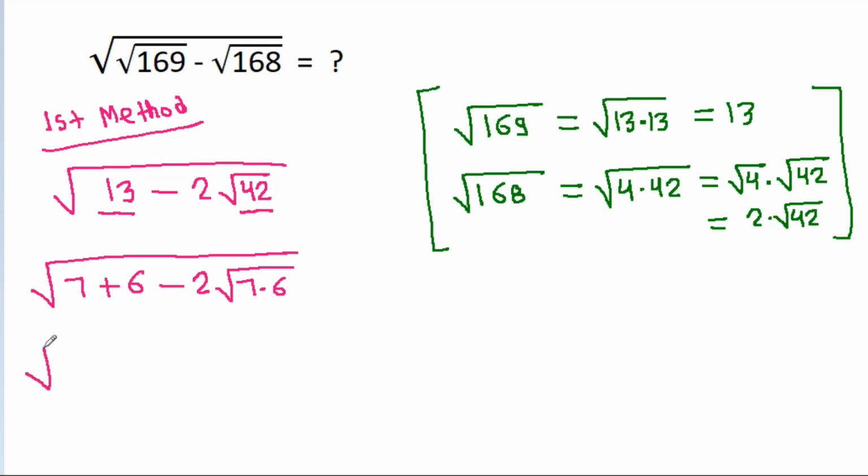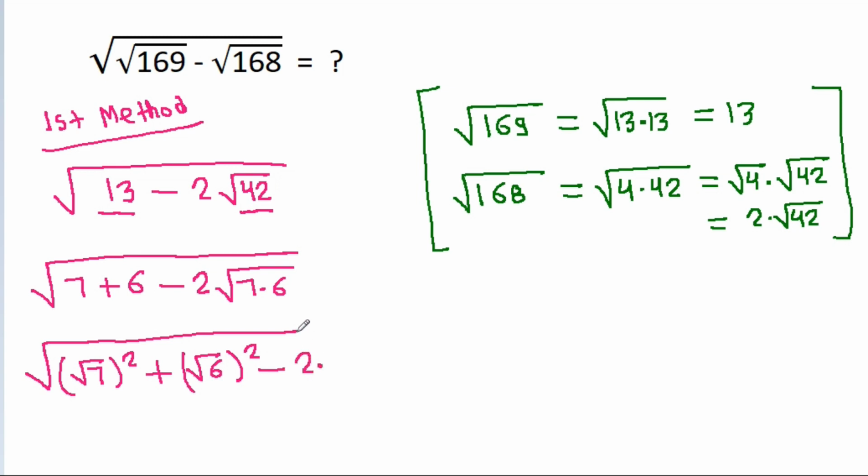It is the square root of (root 7 squared plus root 6 squared minus 2 times root 7 times root 6), since the square root of 7 times 6 is root 7 times root 6.